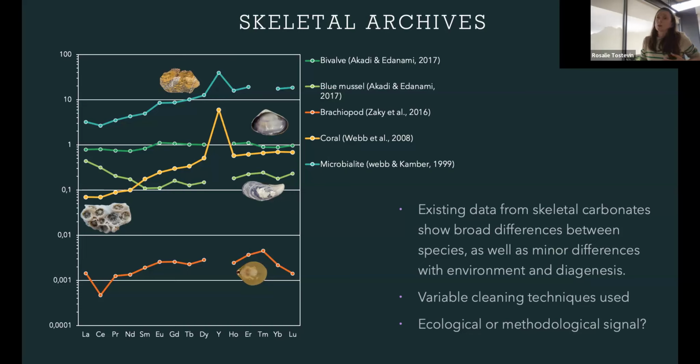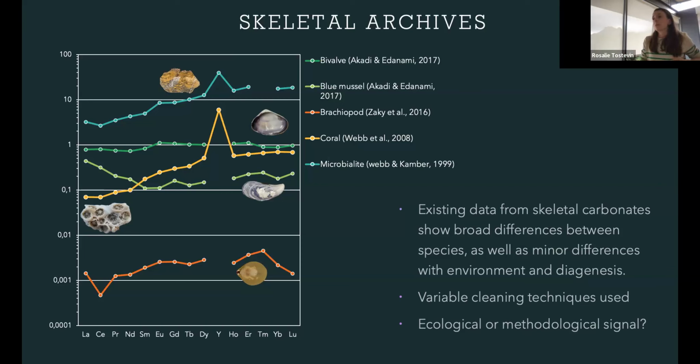And these are all things that are precipitating from modern seawater, right? So this is a question of how well these biominerals are recording the signal rather than potential changes in the seawater signal over geological time. Unfortunately, all of these studies focused on individual shells and they all used variable cleaning techniques.